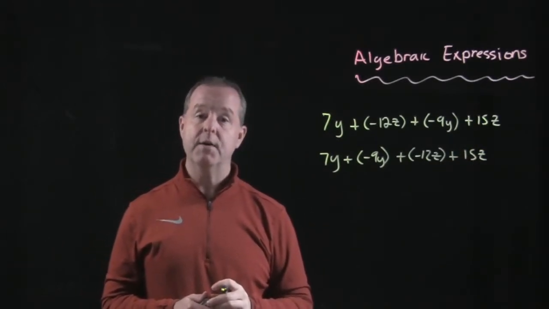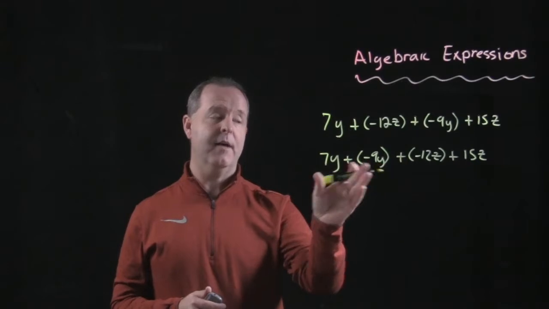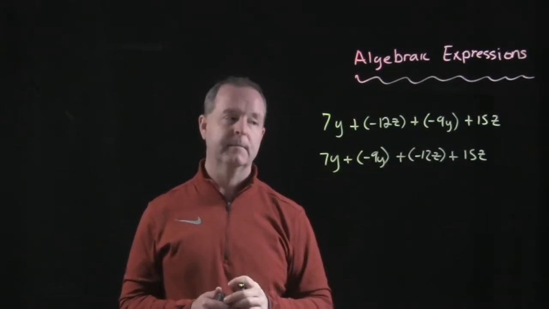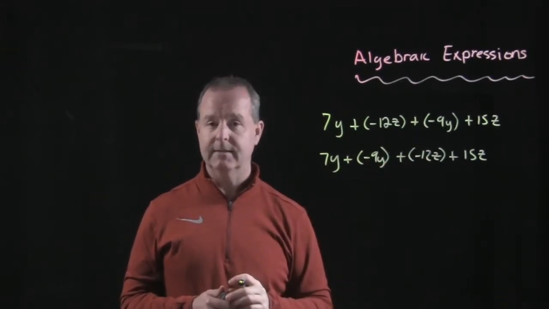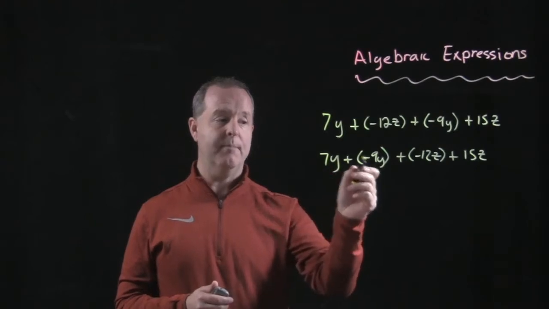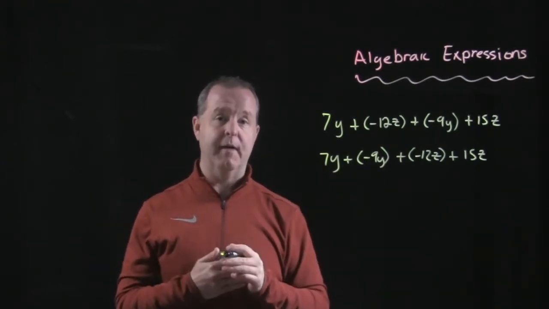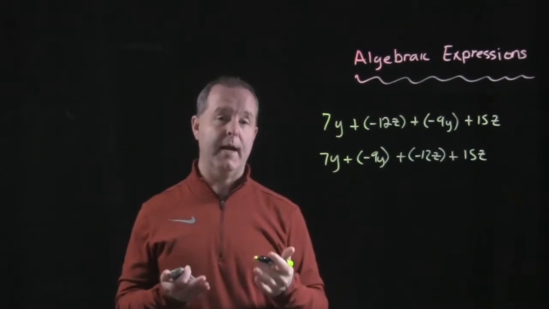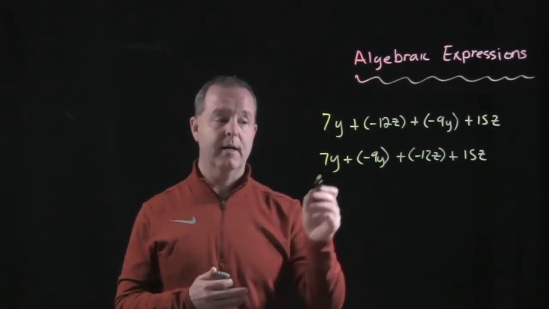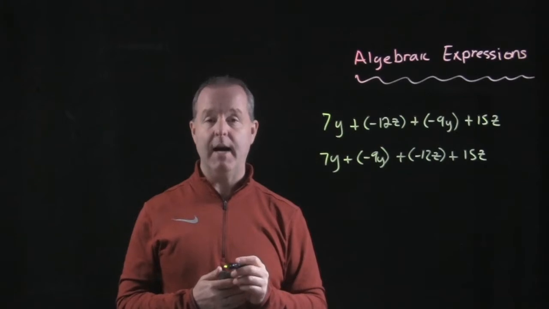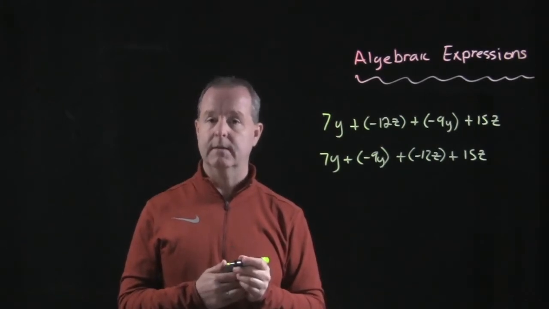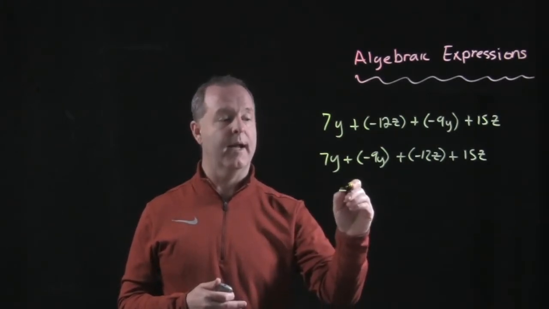Now you'll notice that I have my y's together and my z's together. We can go ahead and add like terms, 7y plus a negative 9y. I can think of it in terms of absolute values, or maybe you're able to inspect from here that 7y plus a negative 9y produces a negative 2y.